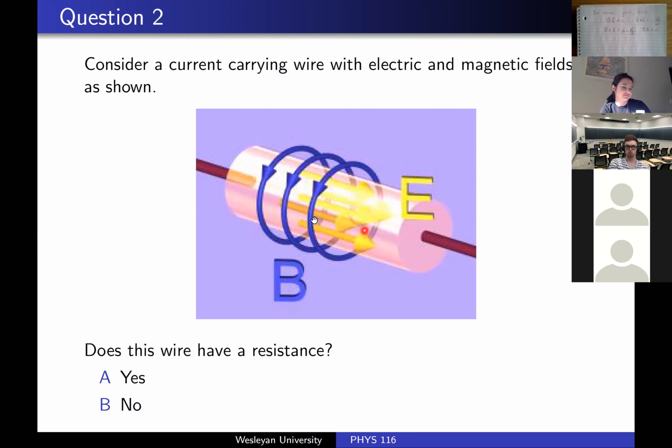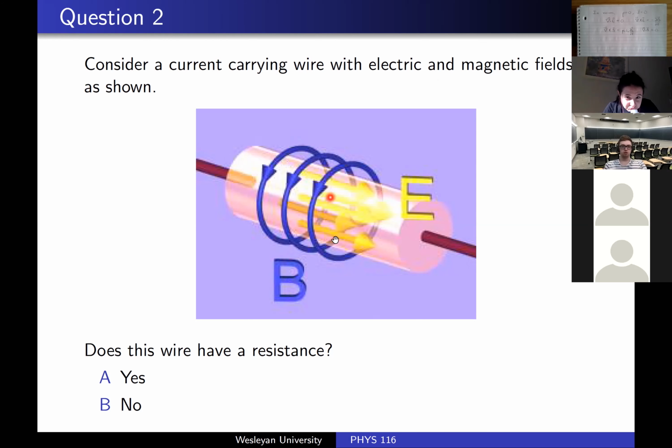So if there's an electric field, what does that tell us about the potential? There's a potential difference, right? And so we have a potential difference going on over here. And that means there's likely a corresponding resistance involved. So yeah, where there's a potential difference, there's electric field.